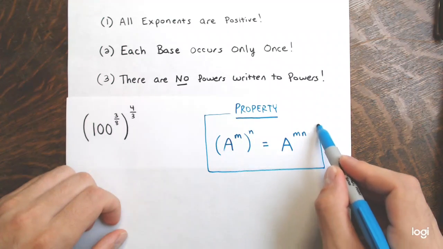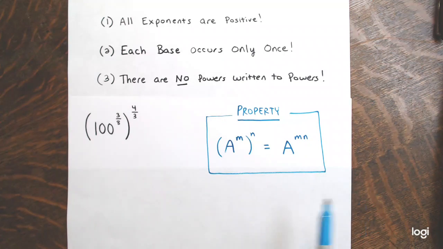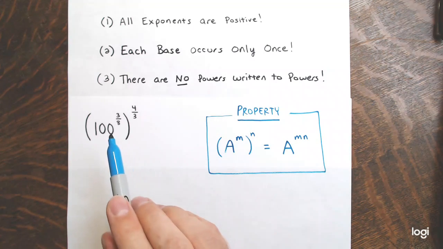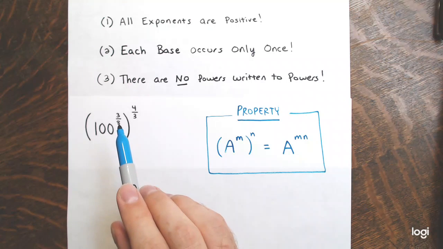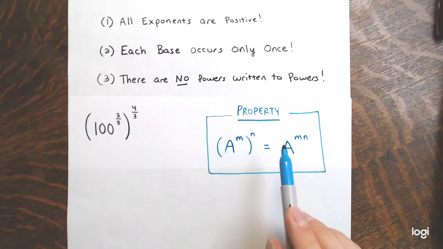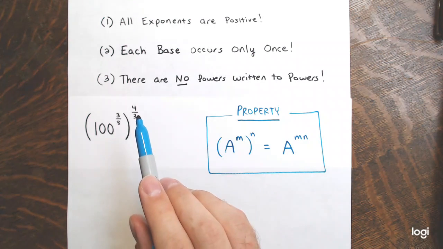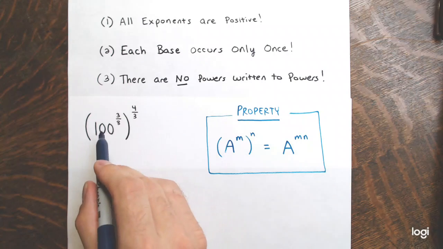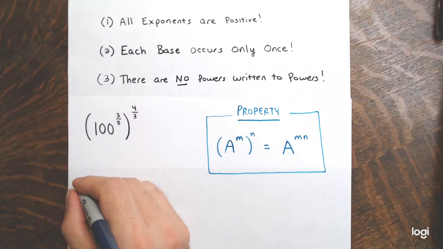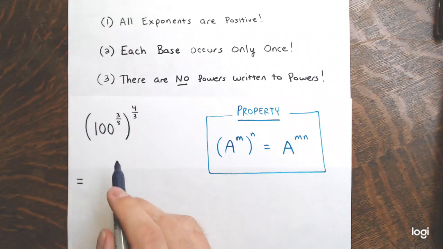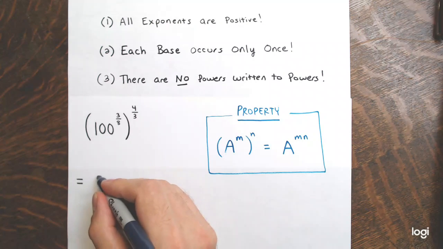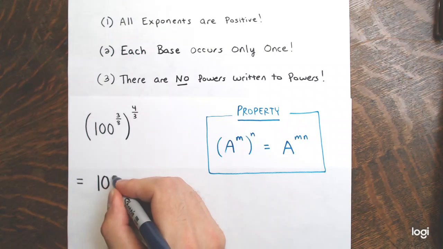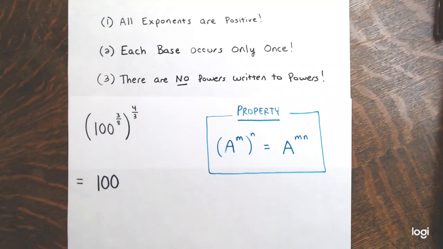All right, so in my example here, the capital A is the 100, the 3/8 is the m, and the 4/3 is the n, if you want to just replace those. So what do we got? 100 to the 3/8 to the 4/3. Well, that's a power to a power, so that'll be equal to the original base, the 100, raised to a new power.